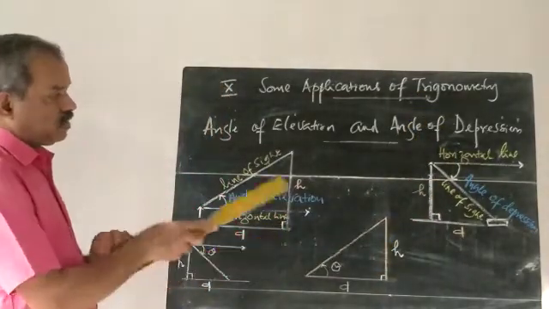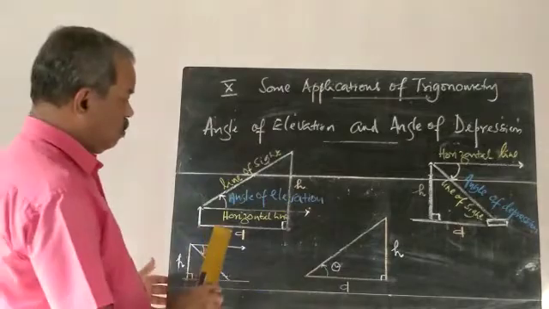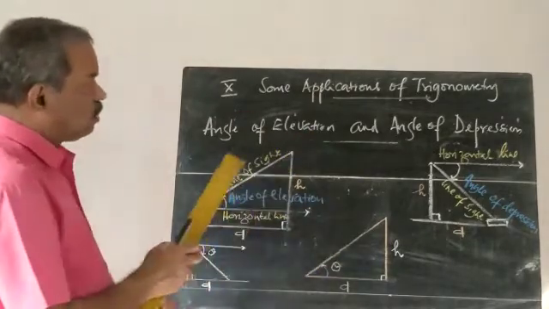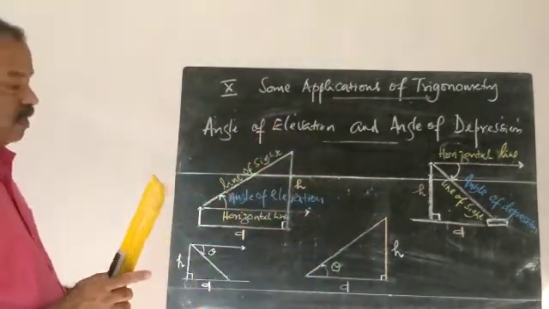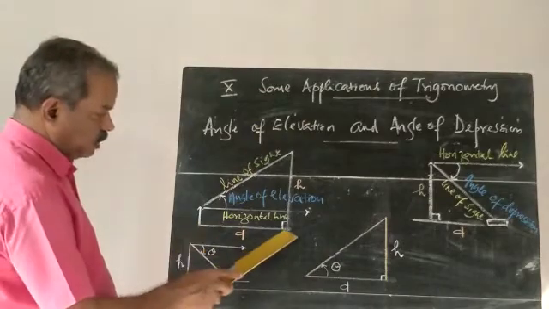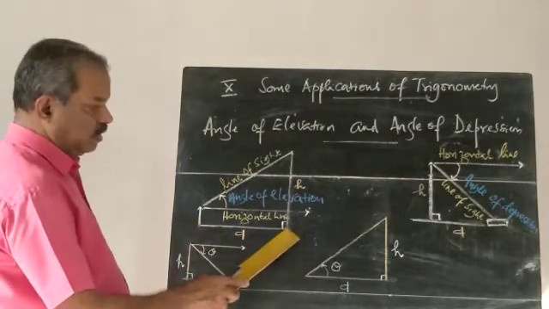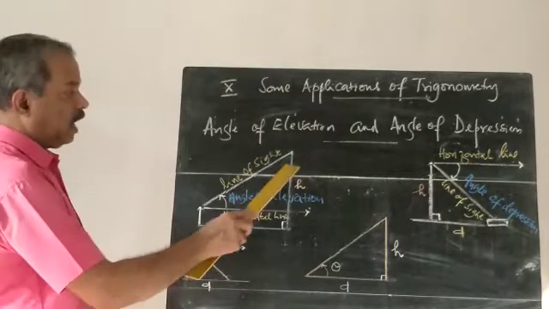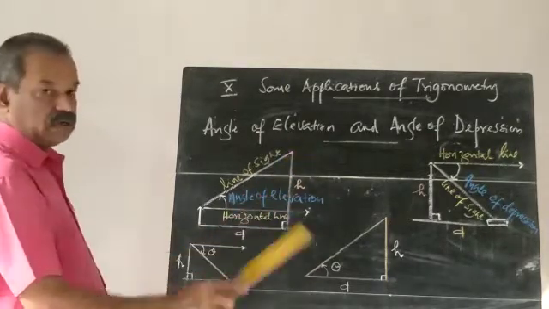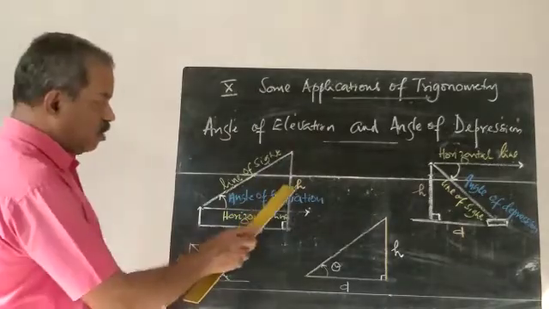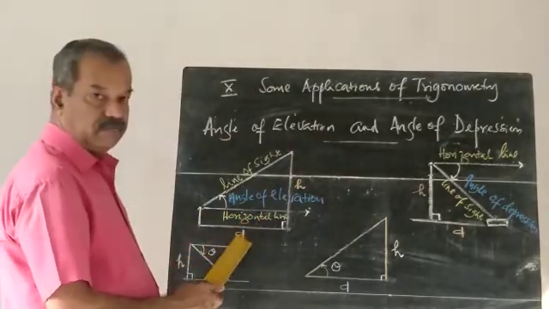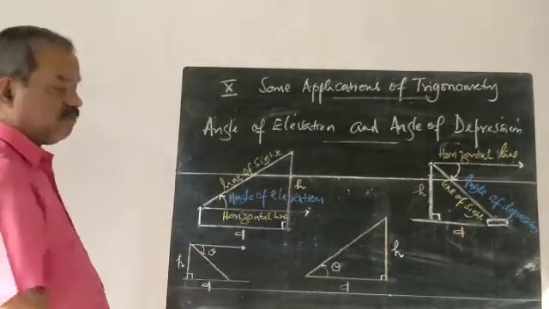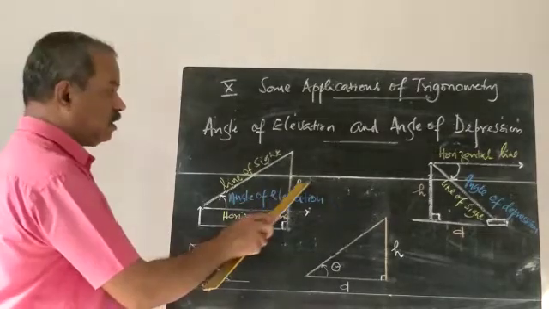Now, how can we apply the trigonometric ratio here? Suppose this is the distance between the man and the tree or building. We can mark it as D. And this is the height of the building or tree, H. If one of them is given and the angle of elevation is known, we can find the other.